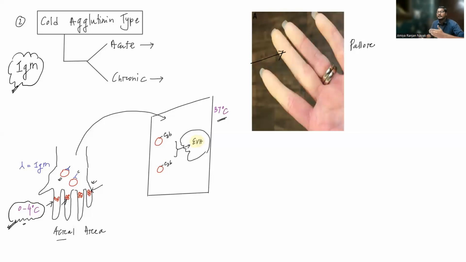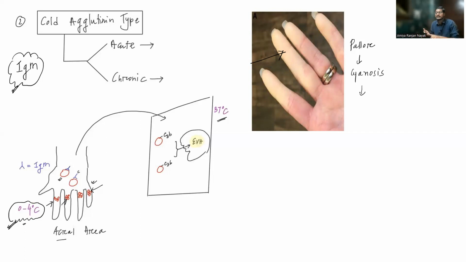Once the blood supply is cut off from these areas, there will be excessive accumulation of deoxygenated hemoglobin, and deoxyhemoglobin can cause cyanosis.